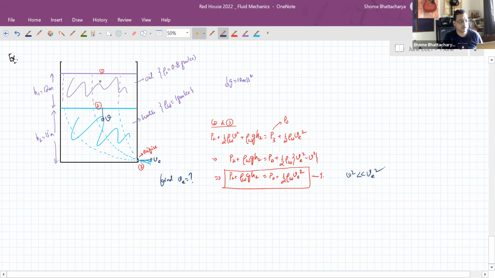Now again we can come to points 1 and 2. So we can see that P1 plus half density of oil into V square plus density of oil into g into h1 is equal to P2 plus half density of oil into V square.